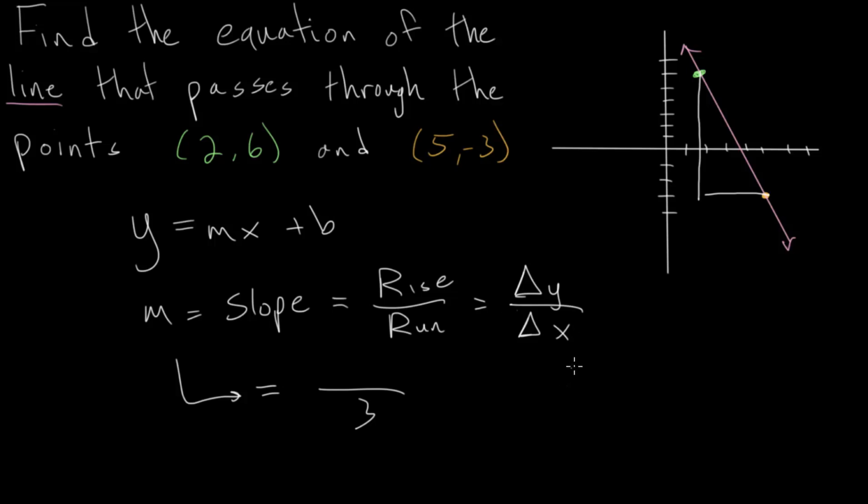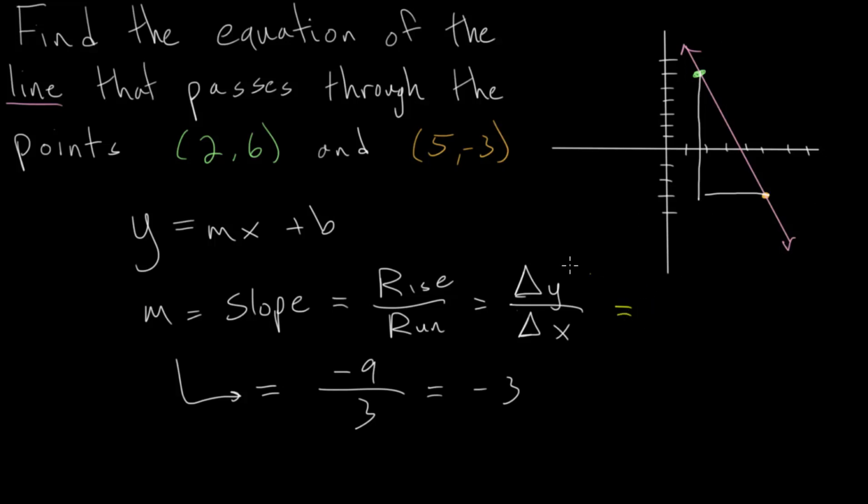It is arbitrary, but I tend to leave the negative on the y values if that's the case. So the x values are always going left to right, so 2 to 5 we are increasing. And then the y values go from 6 to -3, meaning they go down 9 units. So our slope, when we simplify this, is -3. It's fairly steep and it's negative, which does match up with our picture.